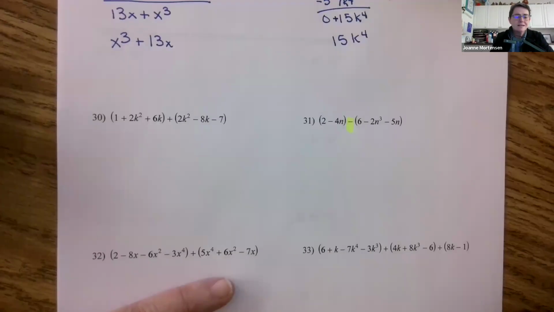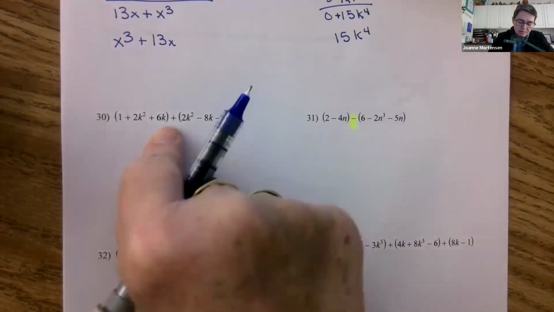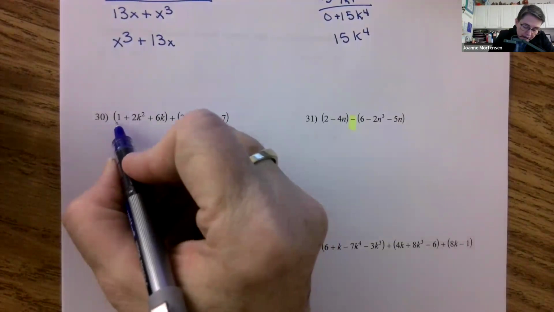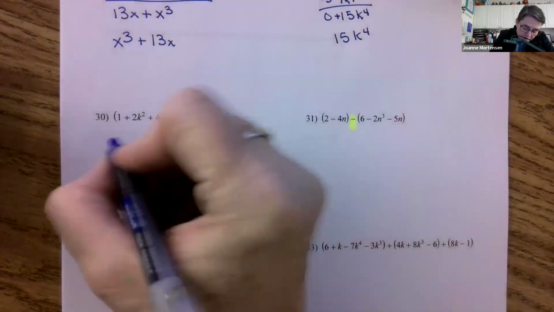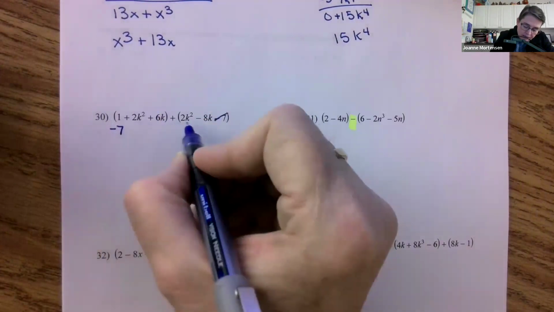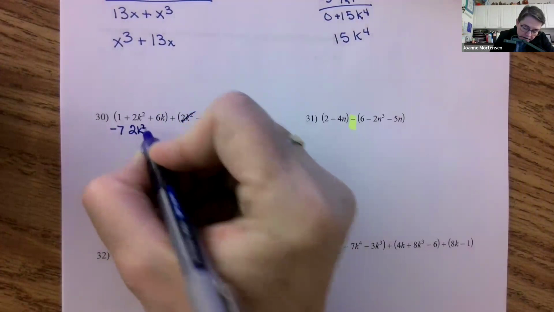Look at this. This is not bad. Okay. I have a plus, which means when I stack, I just stack, no changing of numbers. So I got a 1 here. If I look over here, there's a minus 7. And I got 2k squared, and I got a 2k squared. So I'm going to put 2k squared down there.